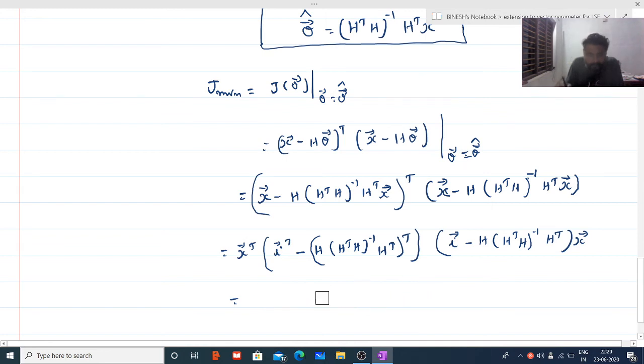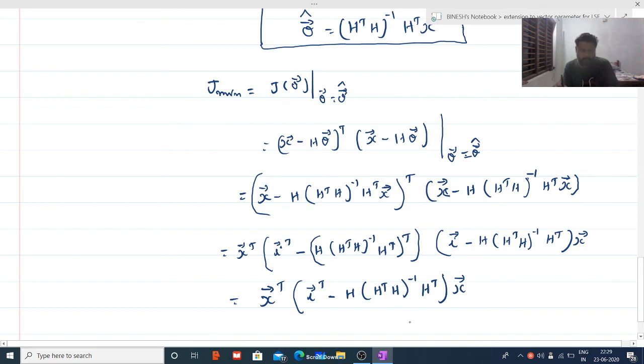I will keep X as it is, X transpose into I, the identity matrix, minus H into H transpose H whole inverse H transpose, this as X. Now it is clear.